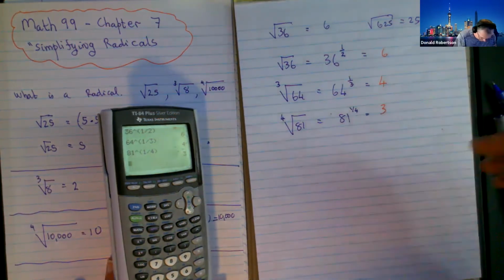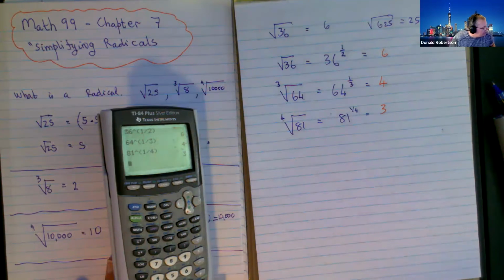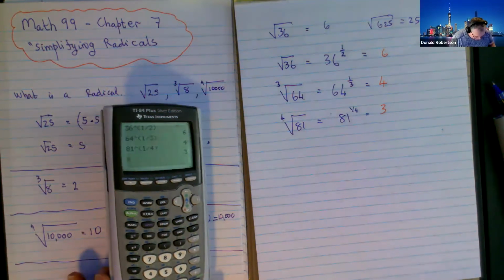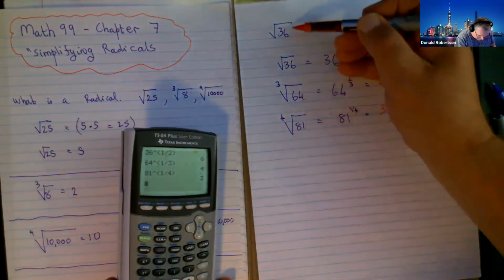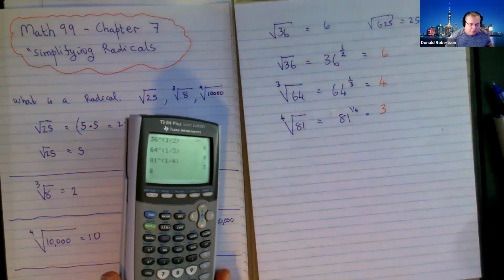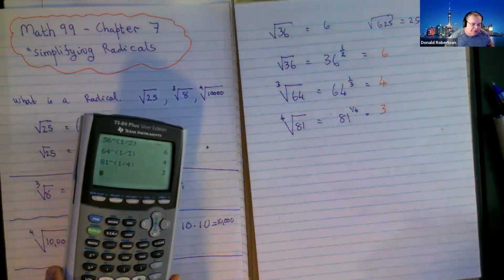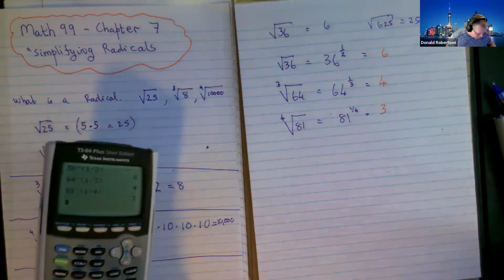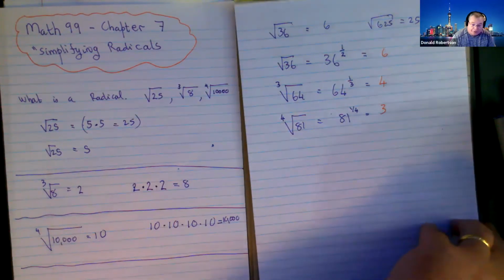And you can check it, but 3 times 3 times 3 times 3 is equal to 81, and things work out quite well. So as long as this is a perfect value, right, a nice whole number, your calculator will get you the result. We'll look at later on, what do you do if it's not an exact value? Is there a way that you can simplify your radical? And you'll discover that there is.